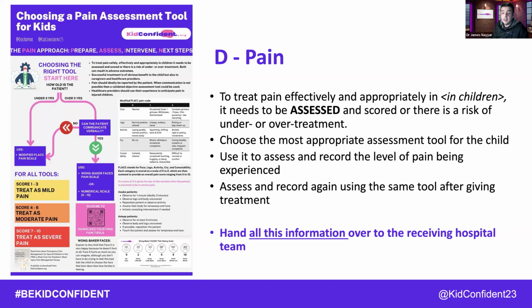So treat the pain, do a good job of doing it, and make sure that you tell the trauma team how well you've improved the situation, so that they take the patient seriously and they get the best outcome.